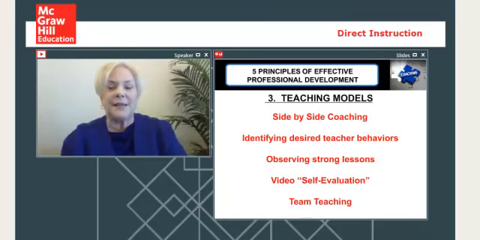Observing strong lessons. Those of you out there working with teachers, you should have a list right now of who your strong teachers are. You're going to use them as a source for demonstration lessons, for model lessons, for more collaboration, and so on.